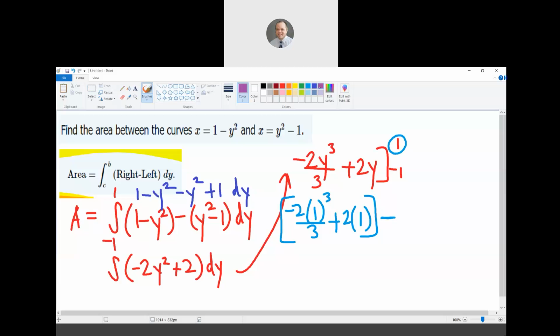And the second time around, we'll plug in our lower limit of integration, -1. So we got -2 times -1 cubed over 3 plus 2 times -1.